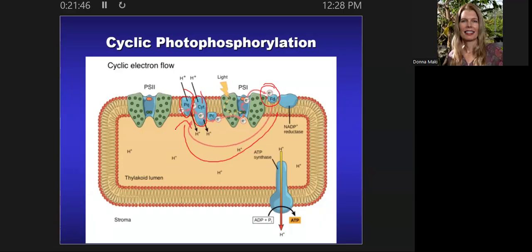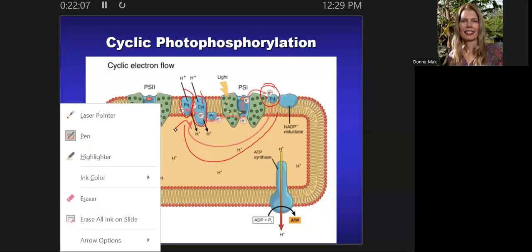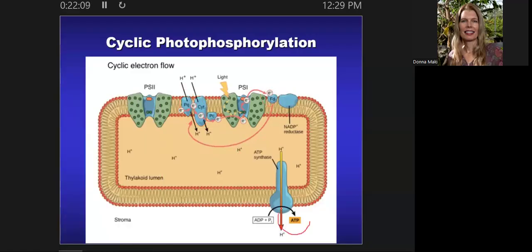If you look at the way they drew this, do you see any NADPH showing up? It's not there. So the artist is correct by leaving NADPH out of the picture here. That's accurate. But you do see the other major product of the light reactions.